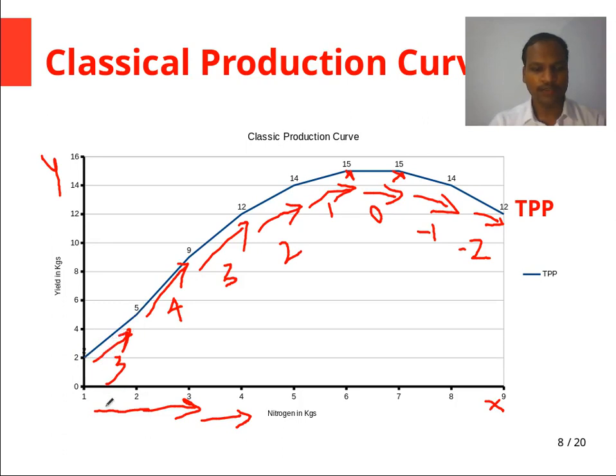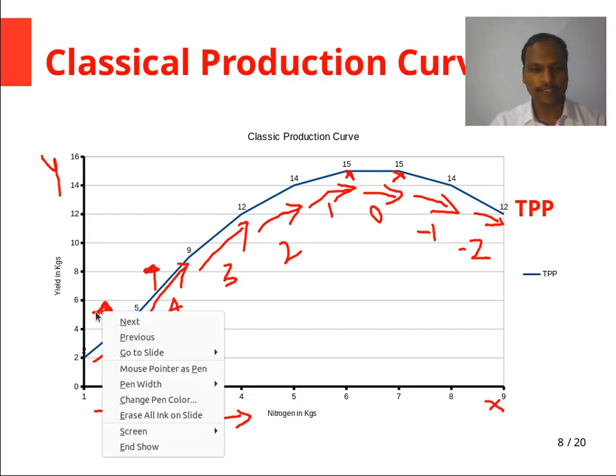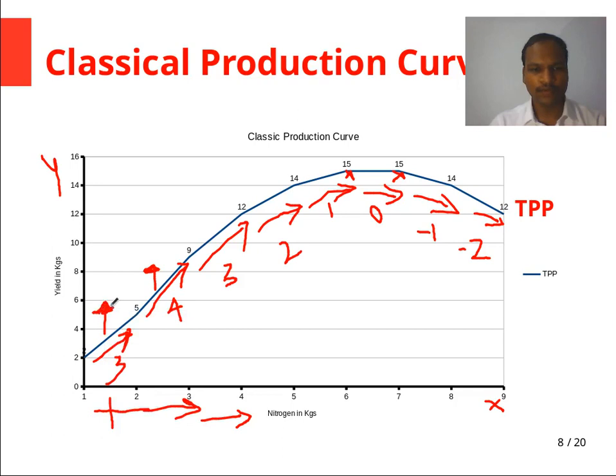So when we change 1 unit in nitrogen, there is a 3 unit change in paddy. These are all called increasing returns. So we get increased returns for constant inputs.